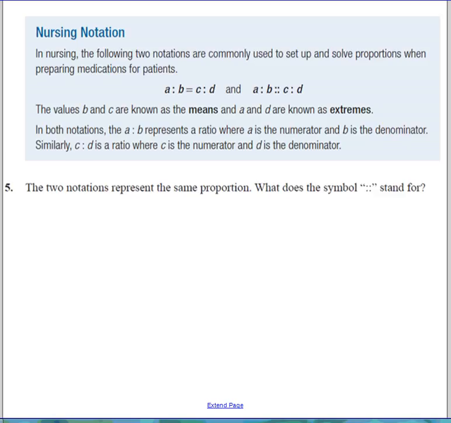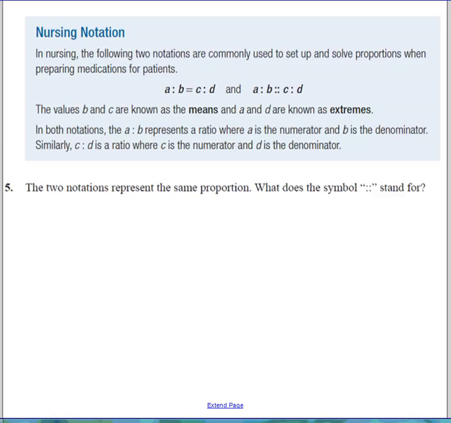In nursing, the following notations are commonly used to set up and solve proportions when preparing medications for patients. We have a little bit of a symbol change. Instead of a fraction bar, here we have a colon. Notice that on one we have the equal sign in the middle, and on the other one we have a double colon, 2 colons right next to each other. The values b and c are known as the means, and a and d are known as the extremes.